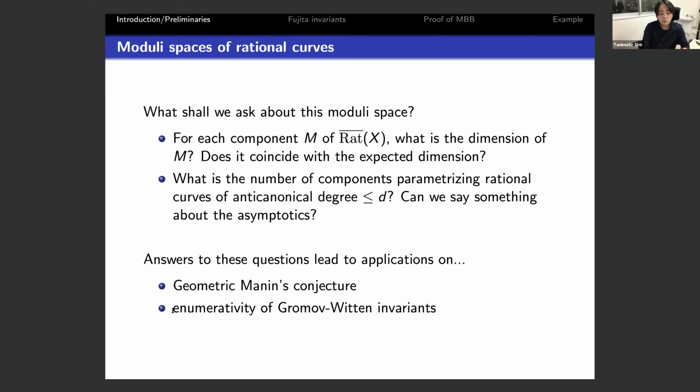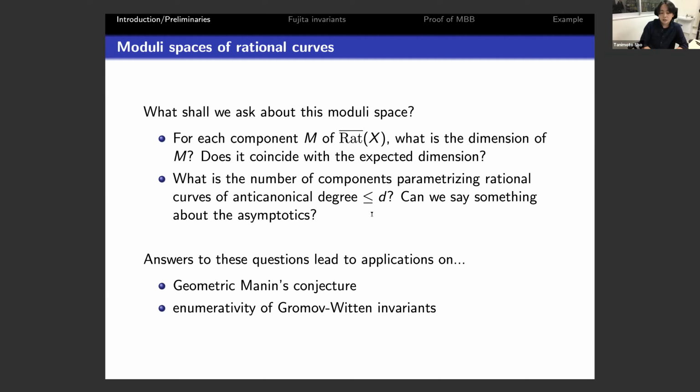Also, the answer to this question has application to enumerativity of Gromov-Witten invariants. Gromov-Witten invariants are well defined, but this invariant doesn't need to count the actual number of curves satisfying certain conditions.